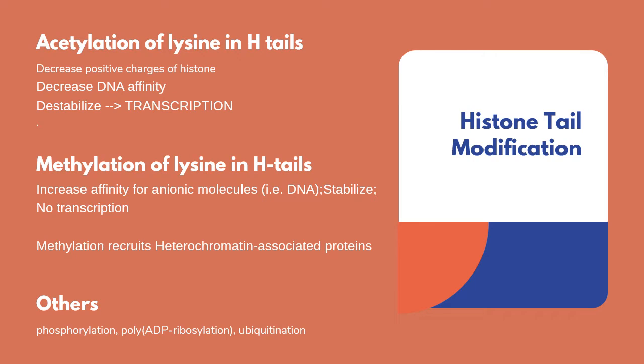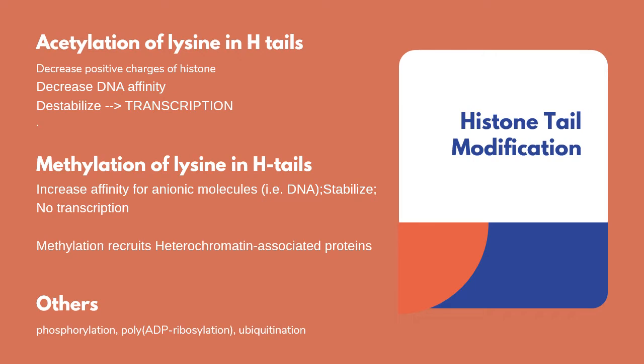This means that there will also be a decrease in affinity to the DNA. This causes the DNA to be destabilized and therefore makes the DNA available for transcription. Acetylation therefore favors transcription.